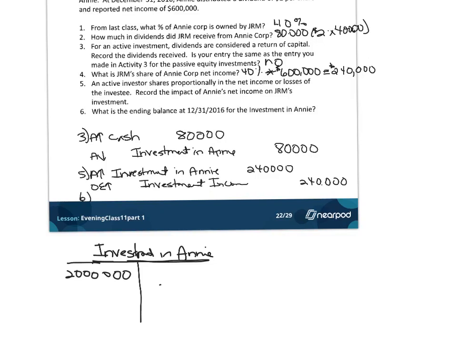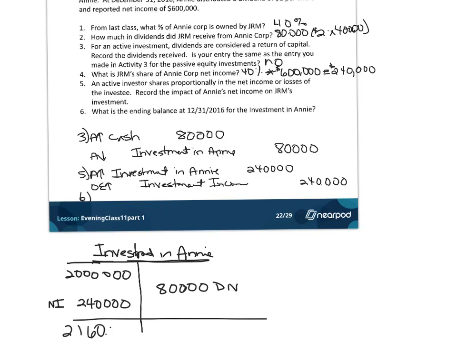We got dividends of $80,000 and a credit. That made our investment smaller. We get to record our share of the net income. That made our investment bigger. Those are the only two things that happened, as they usually would be. And so then we're going to have $2,160,000 as our ending balance. So that would be the answer to number 6, $2,160,000.